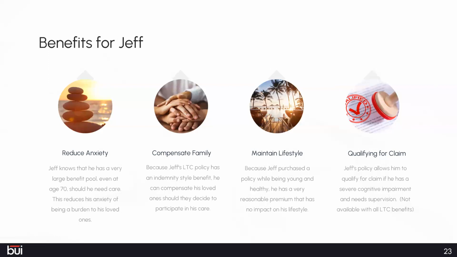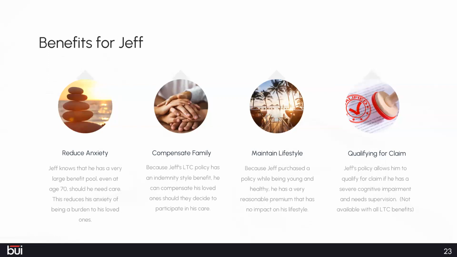So to explain that, generally speaking, a client qualifies for claim by being unable to do 2 of 6 activities of daily living. Eating, bathing, dressing, toileting, maintaining bowel movement, bladder function, etc. Independent of being unable to do 2 of those 6, with most private long-term care insurance policies, a severe cognitive impairment will qualify him for claim.